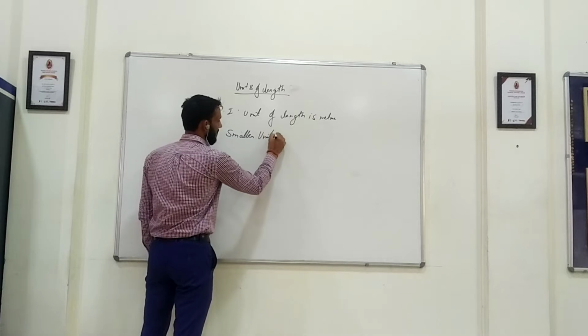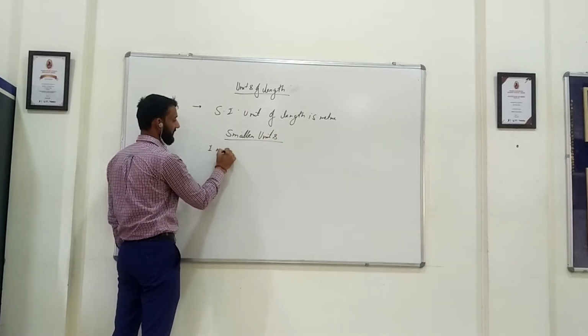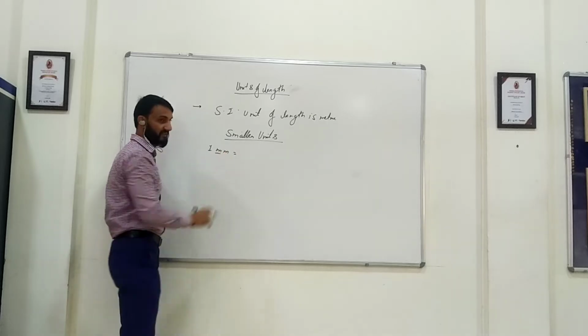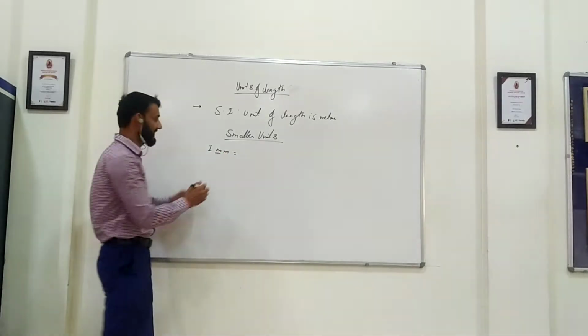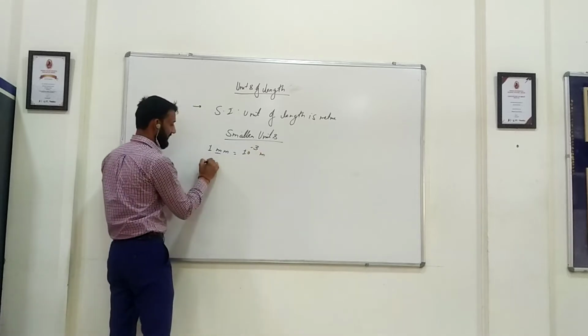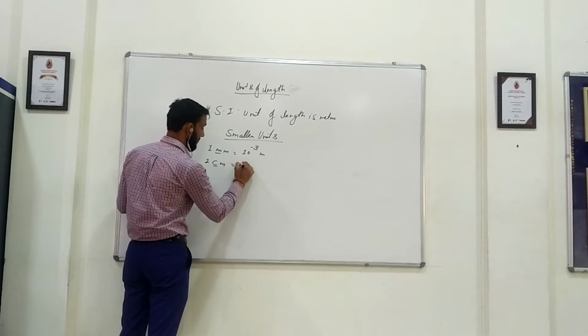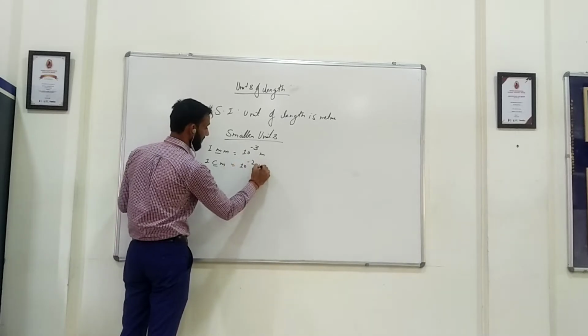First of all we have millimeter. As you know, the prefix milli means 10 to the power minus 3 meter. Then we have centimeter. This is centi, so it means 10 to the power minus 2 meter.